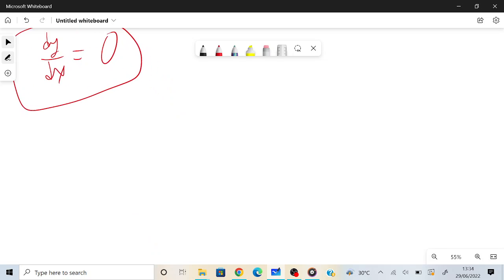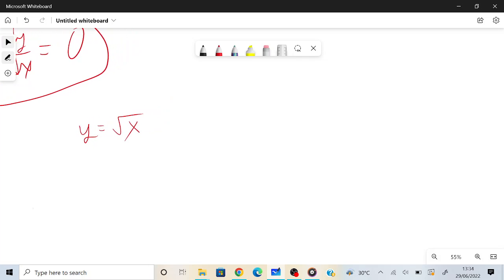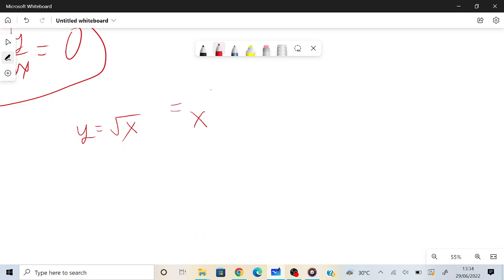0 at all times. Next example, it tells me to find the derivative of root x. Now we know from our laws of indices, and please, if you are uncomfortable with the laws of indices, do have a look at my previous video which covered laws of indices, all of them. We know that root x can be represented as x to the power of 1 over 2. So let's rewrite that.